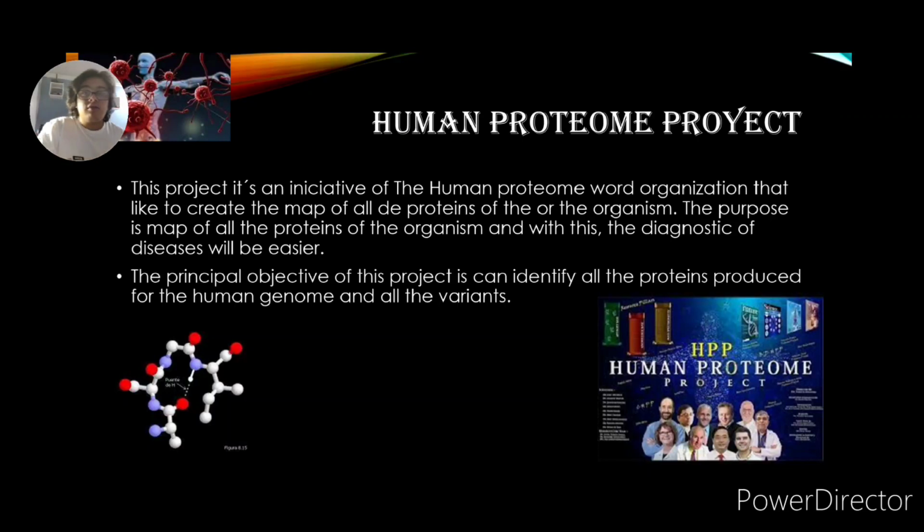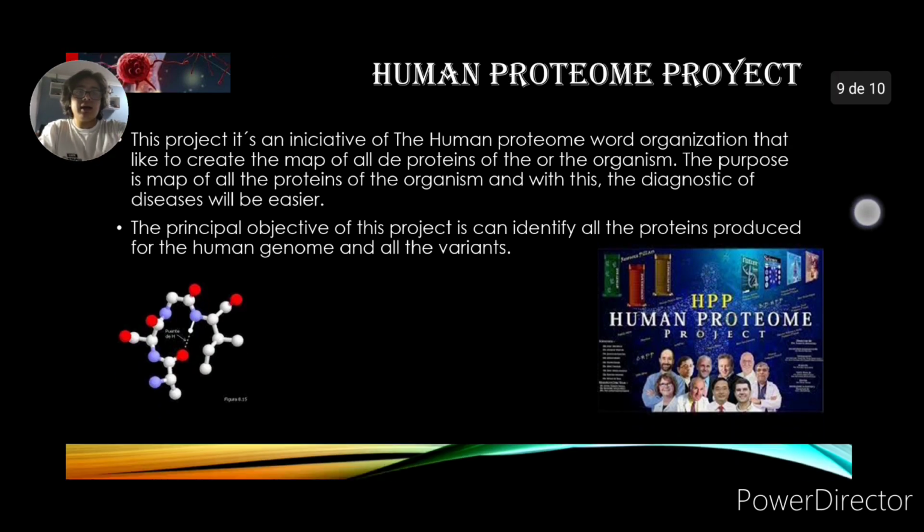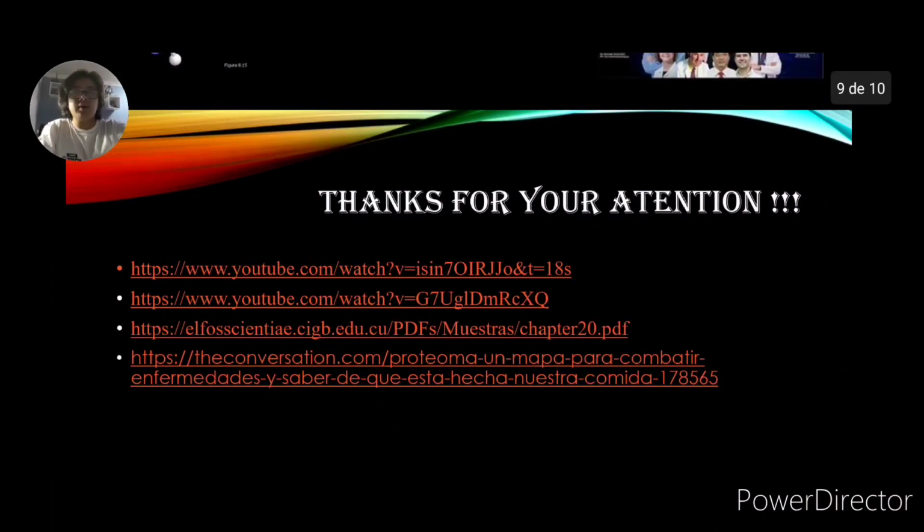This project has the map of all the proteins of the organism, and the objective is to identify all the proteins produced by the human genome and all the variants, and with this the diagnosis of disease will be easier. And with this I finish my presentation.